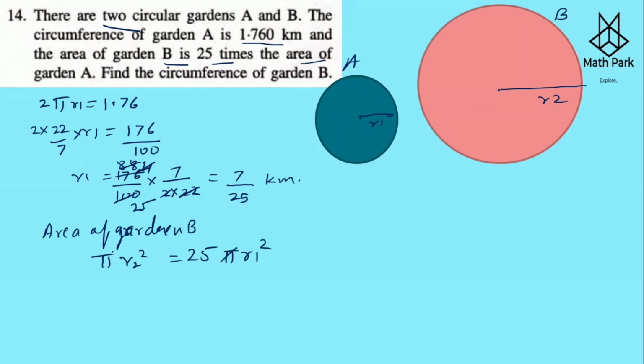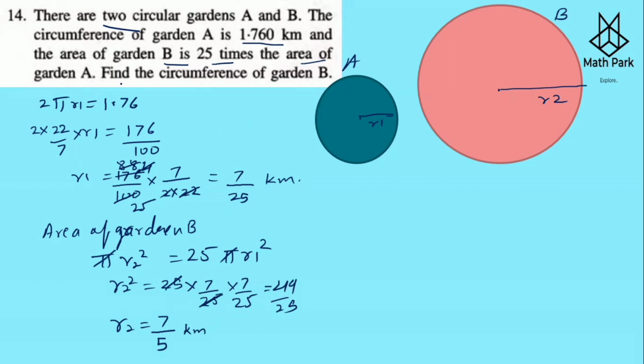So this pi and pi got cancelled. So you have R2 square is equal to 25 times 7 by 25 into 7 by 25. This 25 got cancelled. So this is 7 times 7 is 49 upon 25. So you get R2 is equal to root of 49, which is 7, and root of 25, which is 5, so 7 upon 5. So the radius of the second circle is 7 by 5 kilometers.